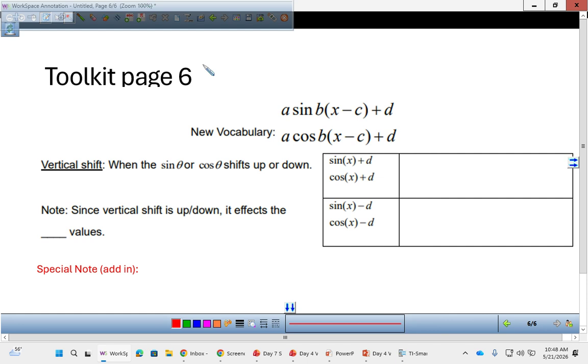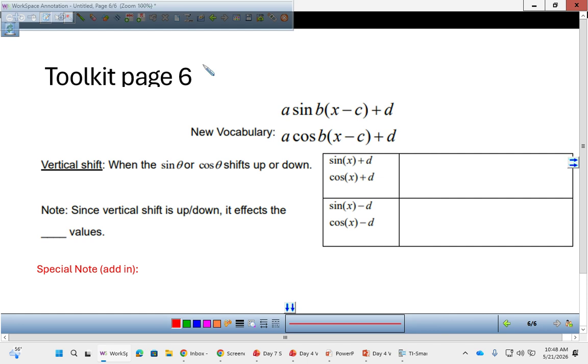Okay? So anything that's a vertical change makes sense. Anything that's a horizontal change is opposite of what your brain wants it to be. So when you see that B is 2, you want it to be a stretch, but it's actually a compress. When you see that B is 1/2, you want it to be a compress, but it's actually a stretch.